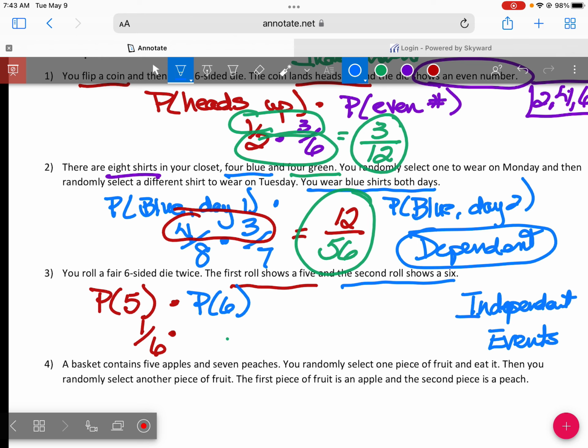No, that's a little high. Yeah, 1 out of 6, because you have one face that has the 6 on it out of the 6 different sides. So 1 times 1 is 1, and 6 times 6 is 36. So 1 out of 36.